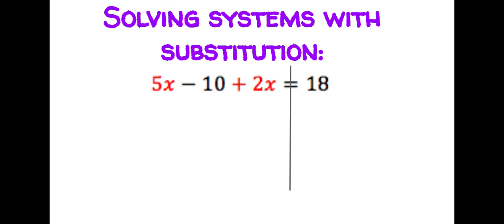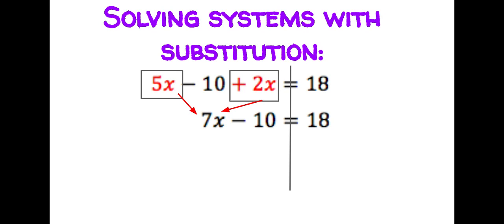Notice in this equation, if we find the equal sign, our terms that have the variable x in them are on the same side of the equal sign. So here, since the 5x and the 2x are on the left side of the equal sign, when you go through to solve this equation, you just combine those terms, rewrite it as 7x minus 10 equals 18, and then you go through and solve that out by balancing, okay?